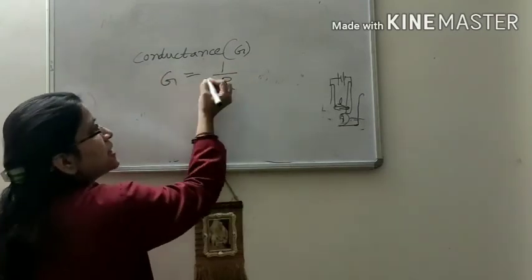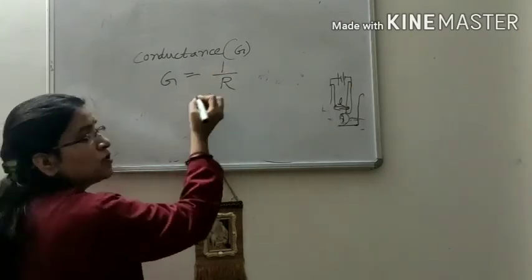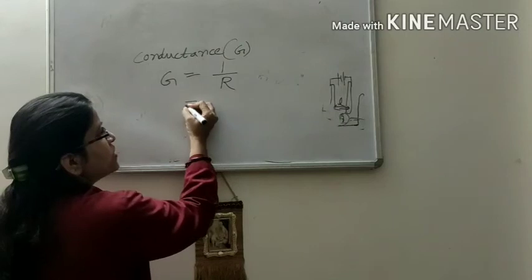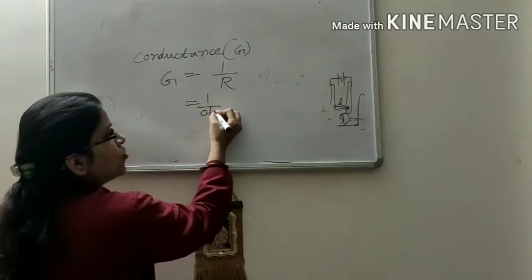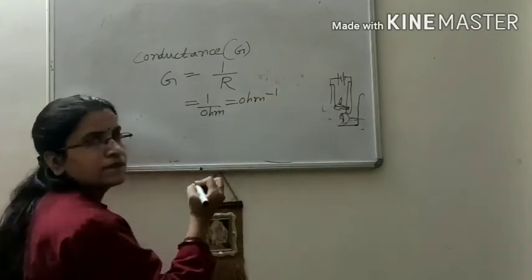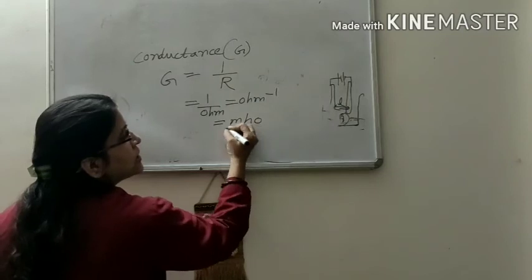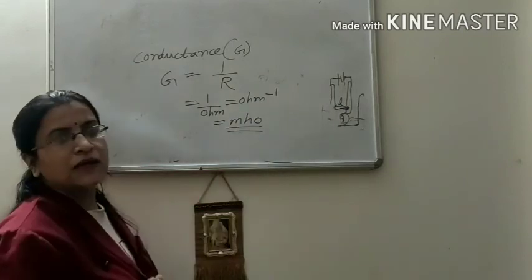So G is equal to 1 upon R. Because it is equal to 1 upon R, its unit is 1 upon ohm, or ohm inverse, or it is called mho. This is the unit of conductance.